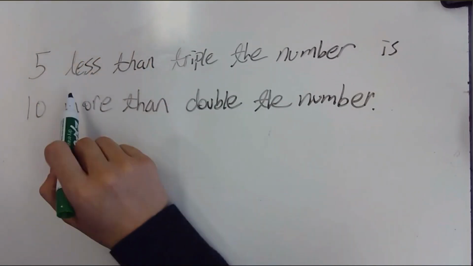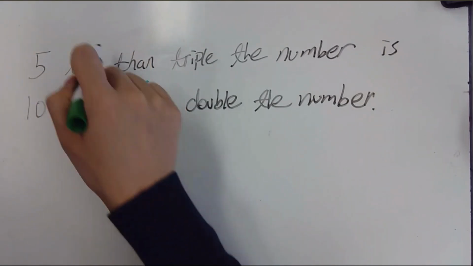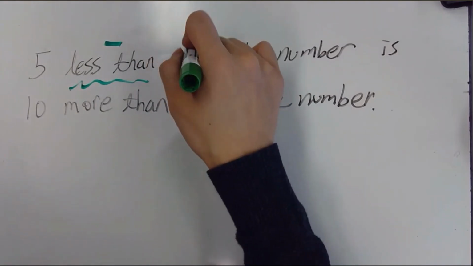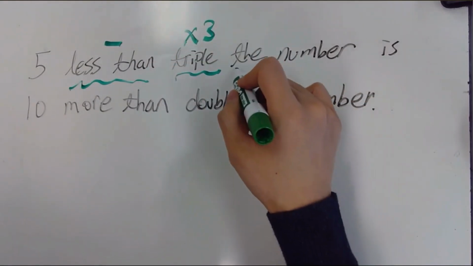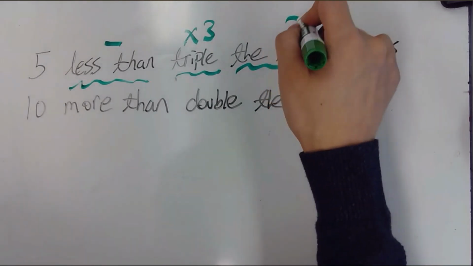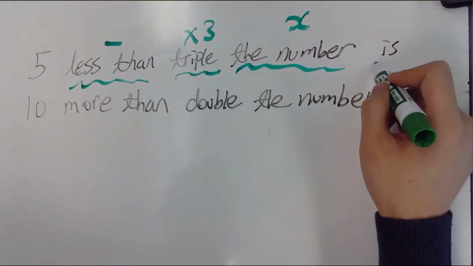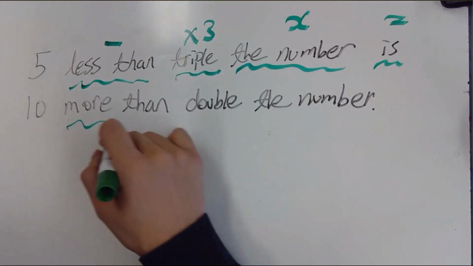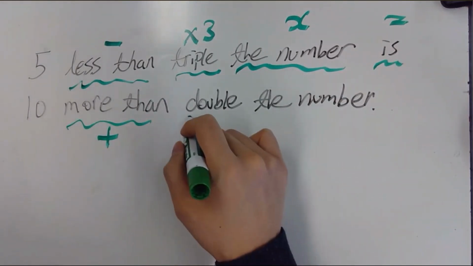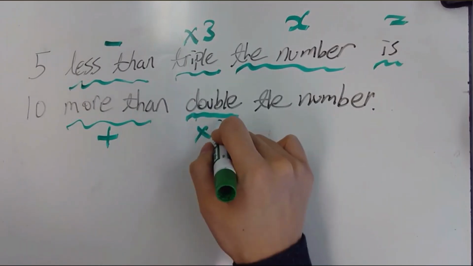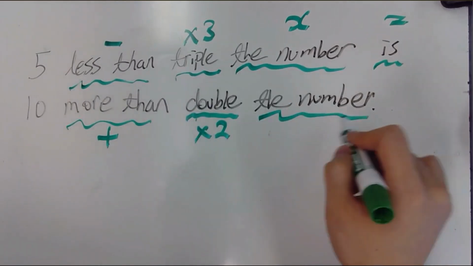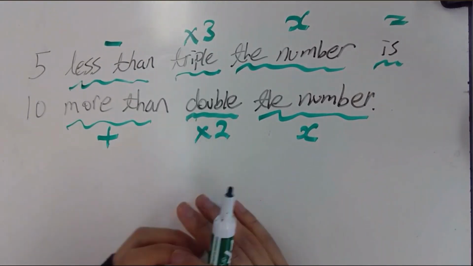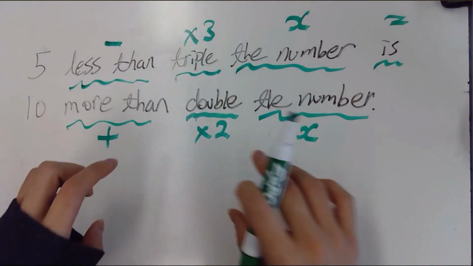I know that less than over here means minus, triple means times 3, and the number means x, and is equals to, and more than is plus, double is times 2, and the number is x.